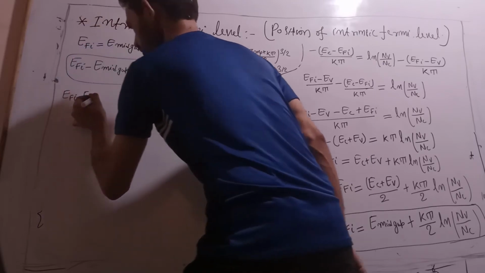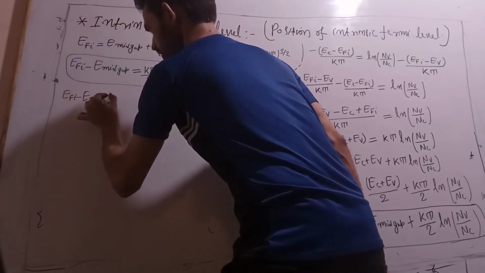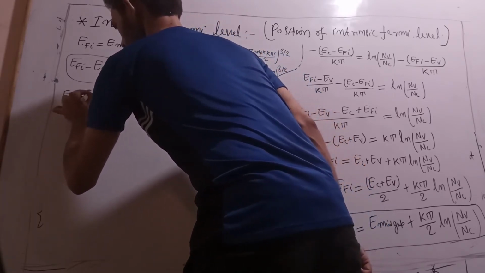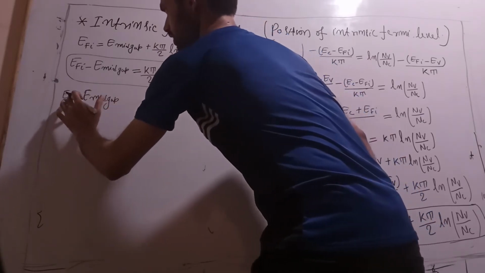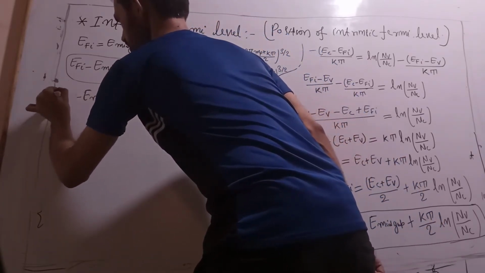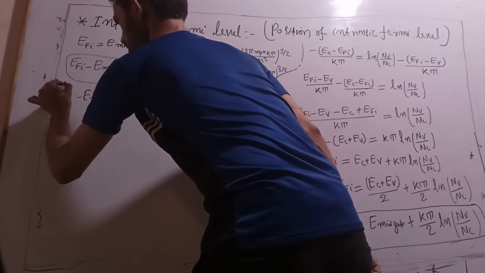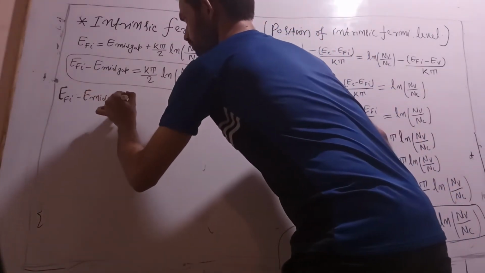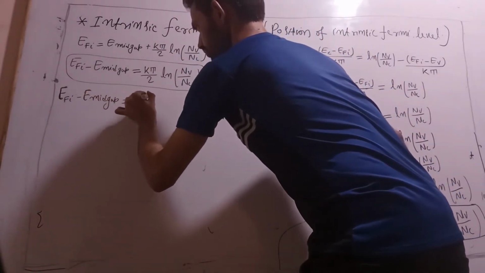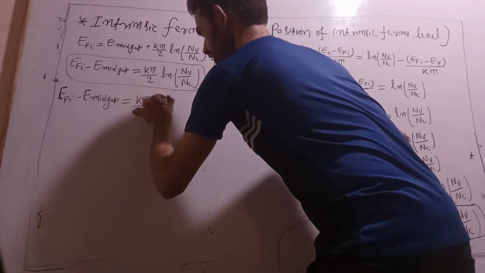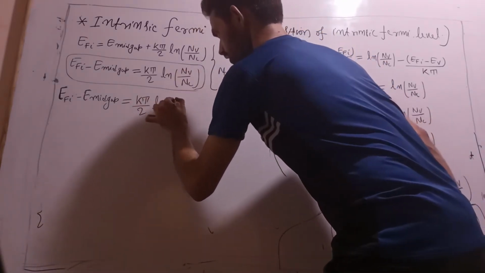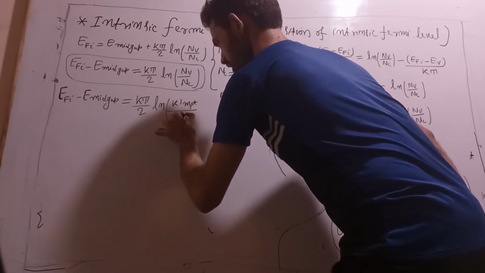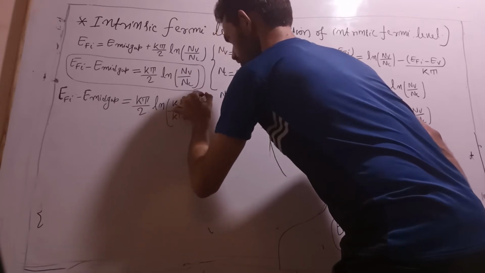EFi minus E mid gap. So EFi minus E mid gap is equal to kT by 2 ln of NV over NC, which is k dash mp star divided by k dash mn star to the power 3 by 2.